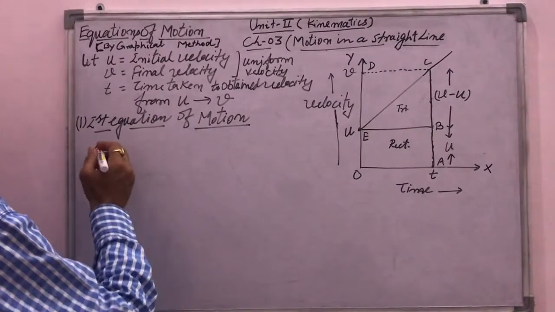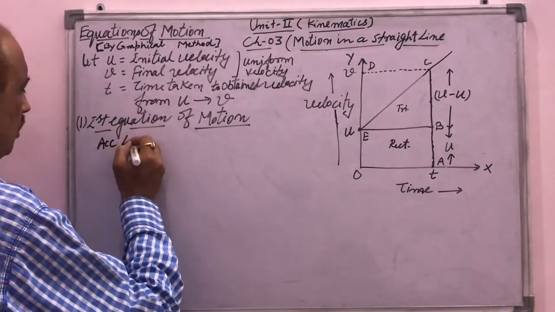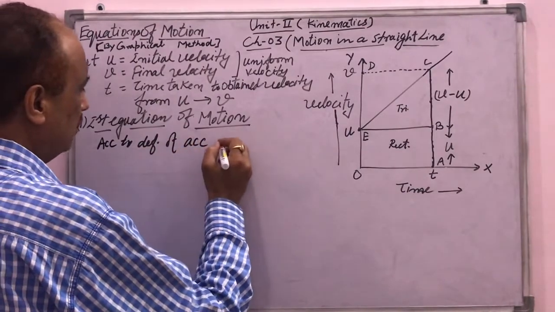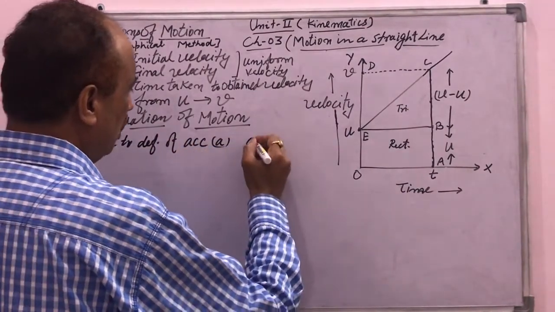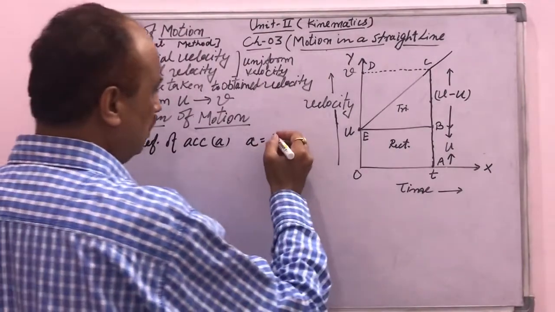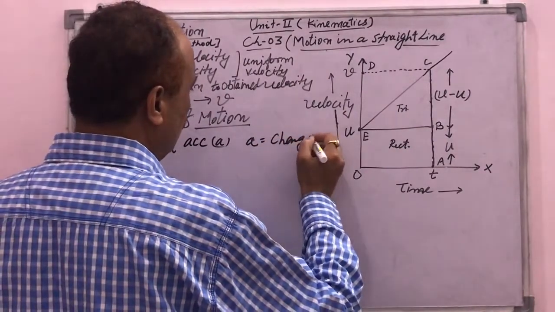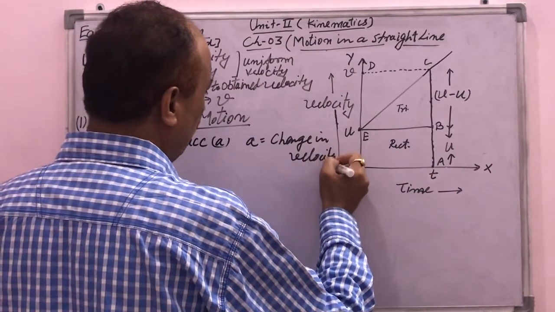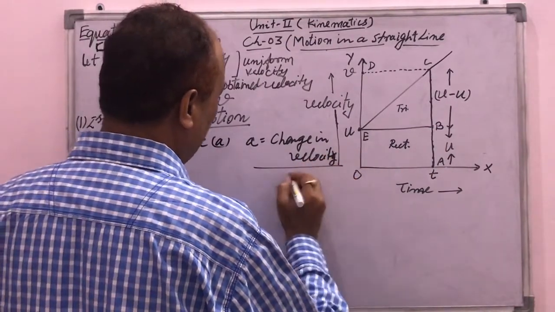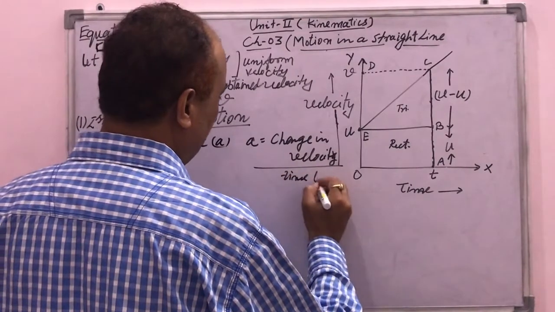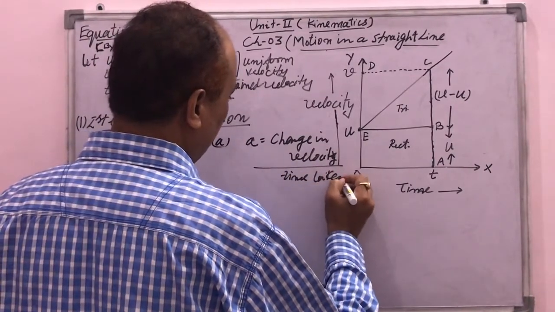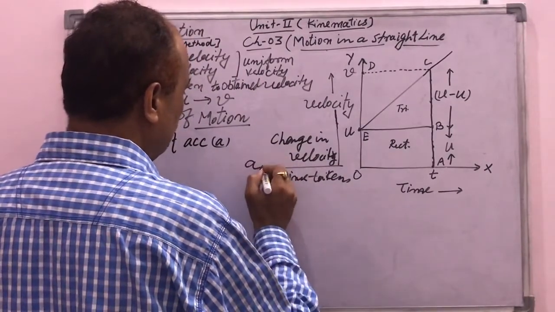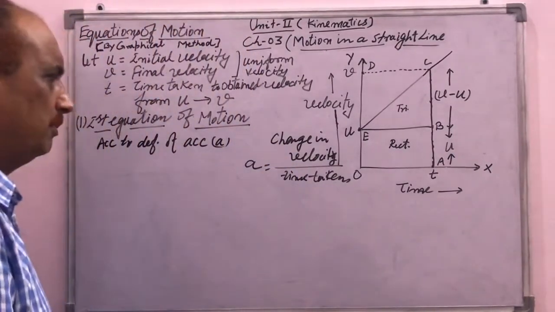According to the definition of acceleration, a is equal to change in velocity divided by time taken. So from this formula we can find out the acceleration of the body.